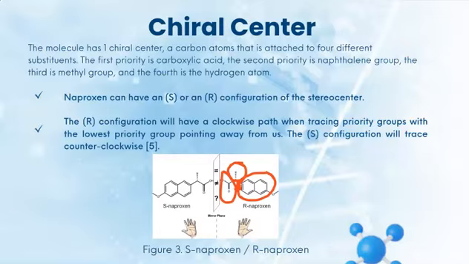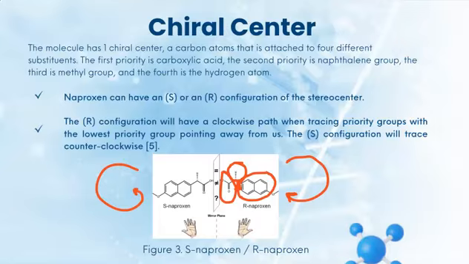It's our hydrogen atom. There are two configurations of the stereocenter. It can be an R or S configuration. Normally, if the hydrogen is going into the page and our substituents can be traced clockwise, it would be an R configuration, and if they are traced counterclockwise, it will be an S configuration.